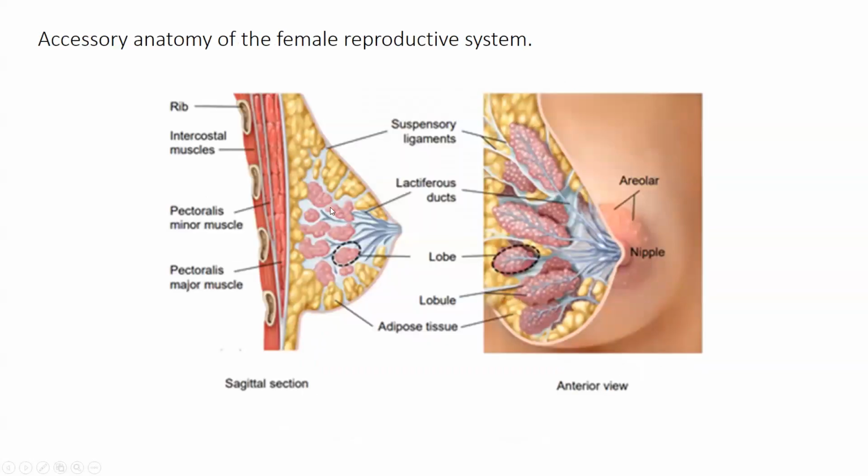The breast tissue is not actually part of the reproductive system itself. It's more of the neonatal system for feeding the newborn. In the non-lactating breast, you see a lot of adipose tissue, and that makes up most of the size of the breast, and some rudimentary mammary tissue, the glands that actually produce the milk.